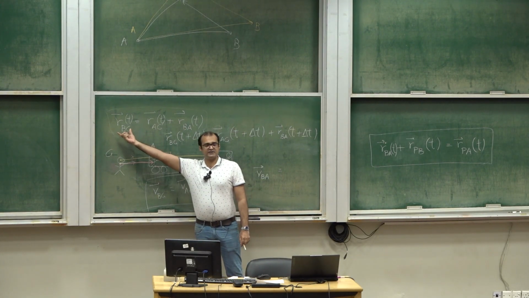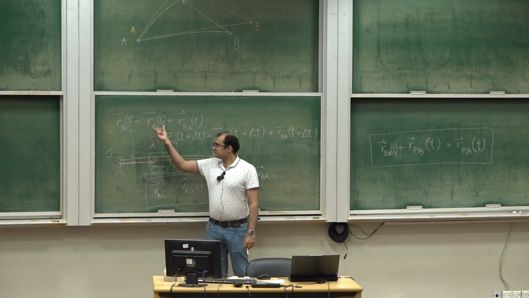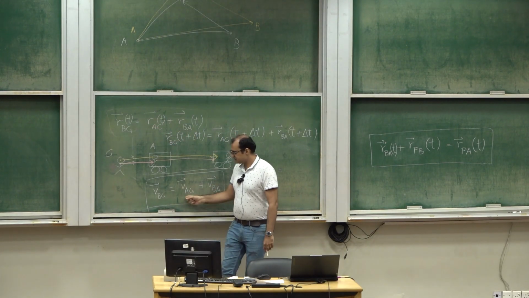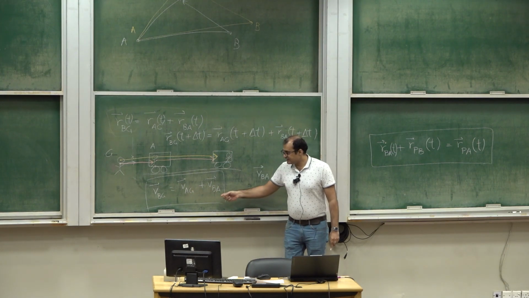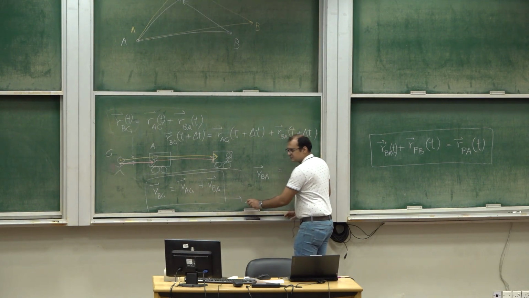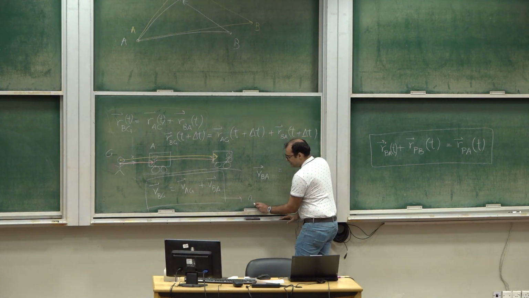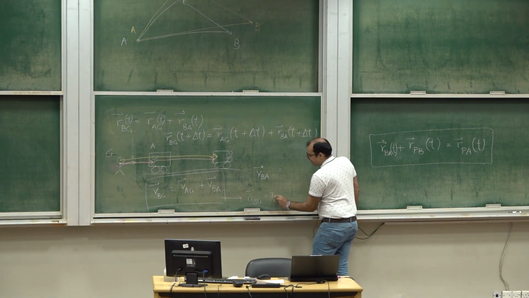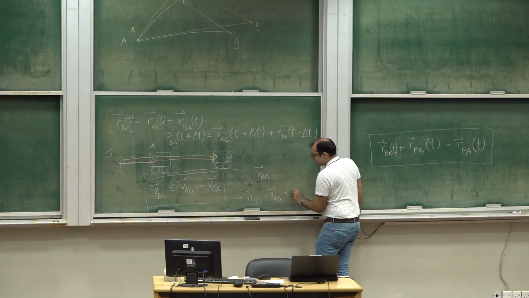Or in other words, what's the rate of change of this vector with respect to time, of course? Velocity. And you use the sum rule for derivatives, you get essentially the derivative of this plus the derivative of this. That's that. You differentiate this again, what do you get? The acceleration of B according to G equals the acceleration of A according to G plus the acceleration of B according to A.